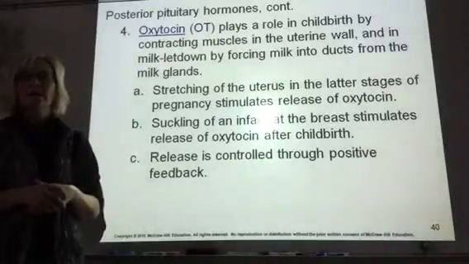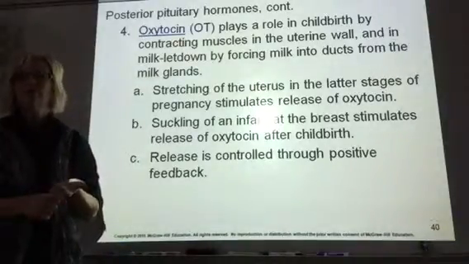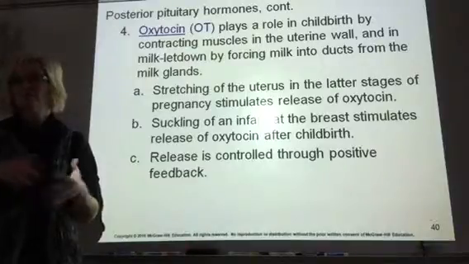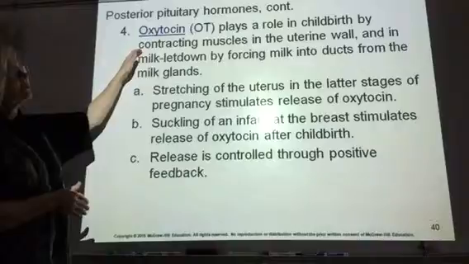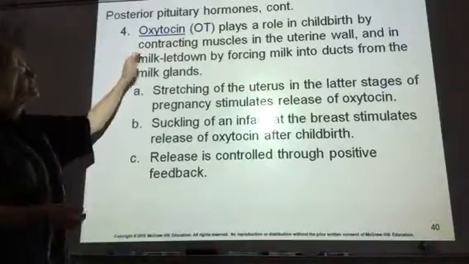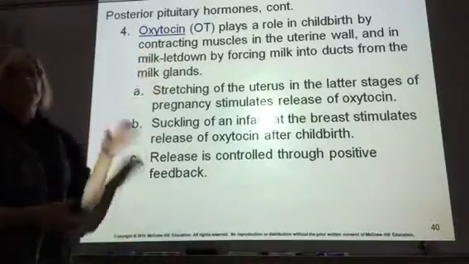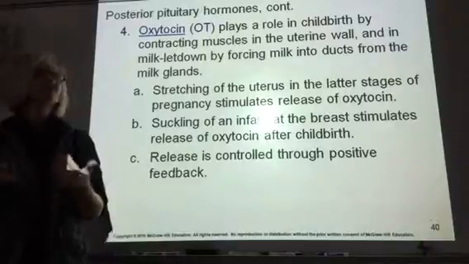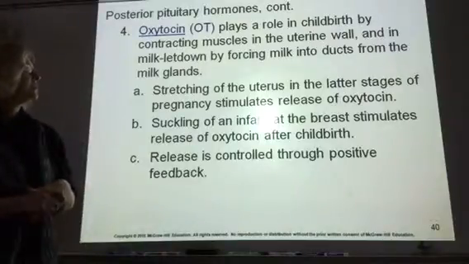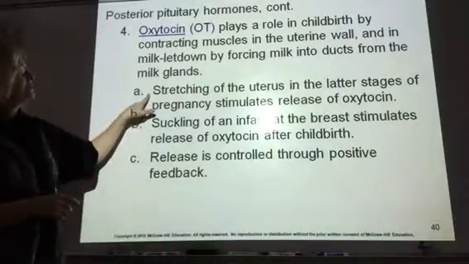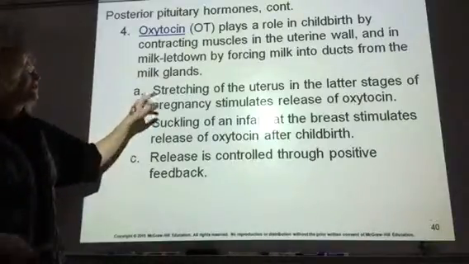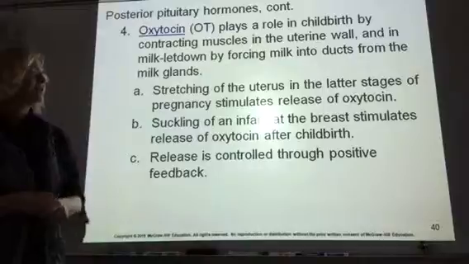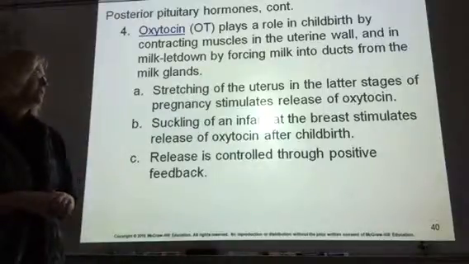So if your body does not produce oxytocin, you're not going to have contractions, and you're going to have problems with childbirth. It also is the hormone that helps to stimulate milk letdown and allowing the milk to be available for the baby. During pregnancy, when the uterus stretches so far, that stretching is what stimulates the release of oxytocin.